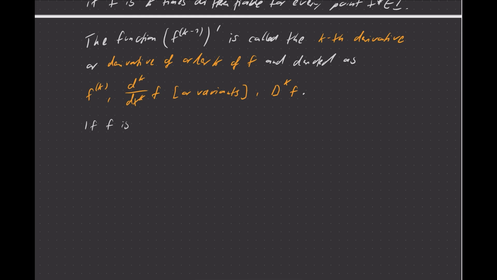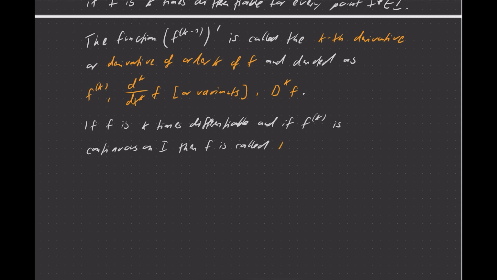So if f is k times differentiable, and if in addition to that this kth order derivative of f is continuous on I, then f is called k times continuously differentiable.